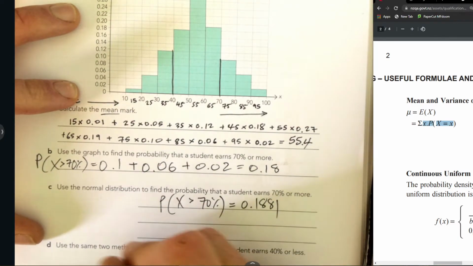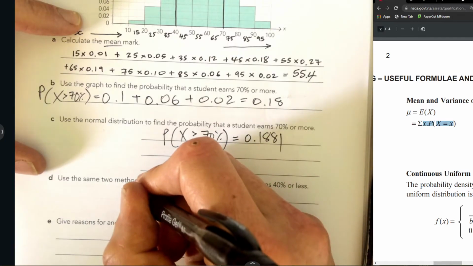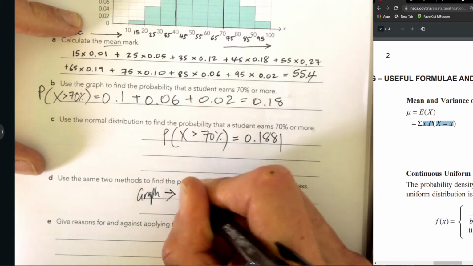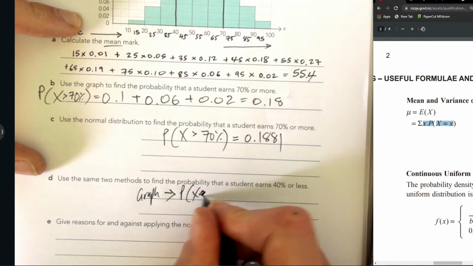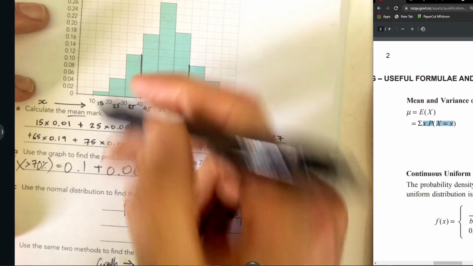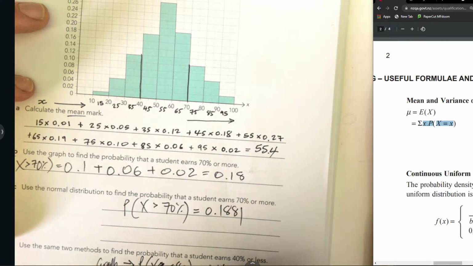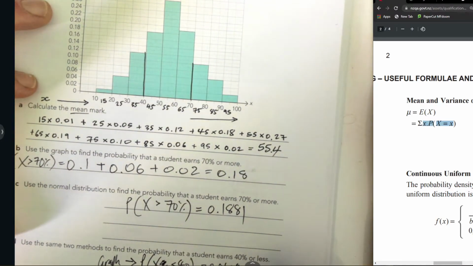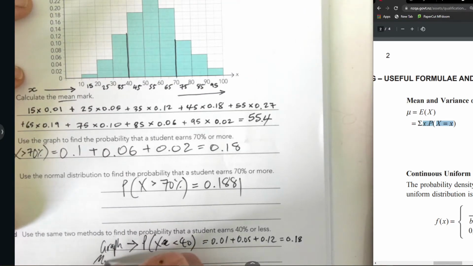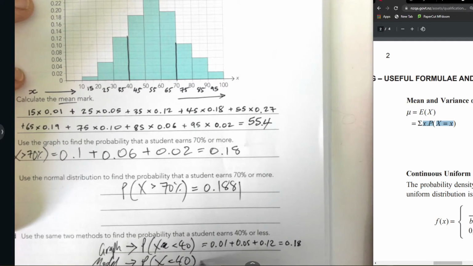Graph: P(X < 40) is going to be 0.01 plus 0.05 plus 0.12 equals 0.18. And then model: P(X < 40).